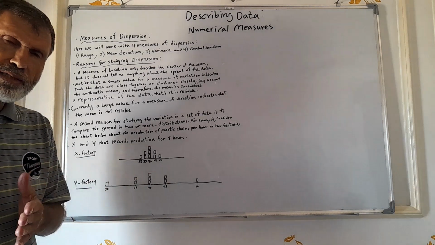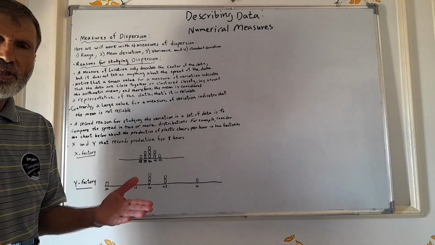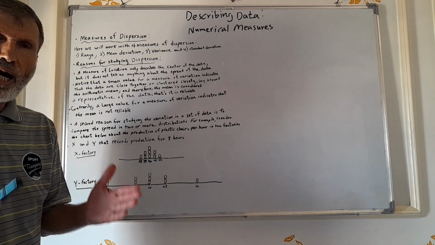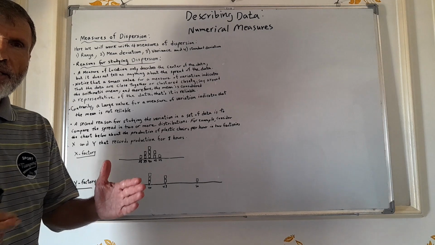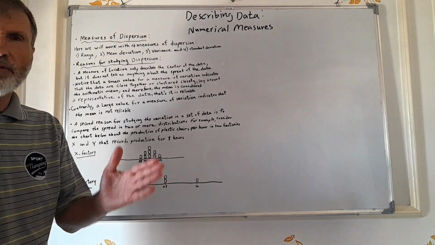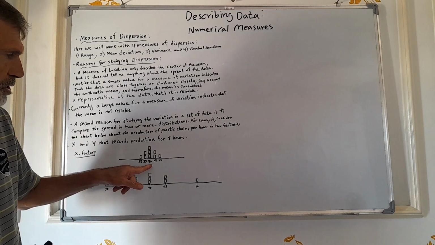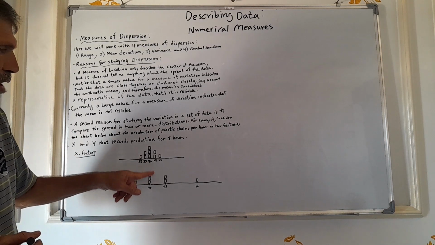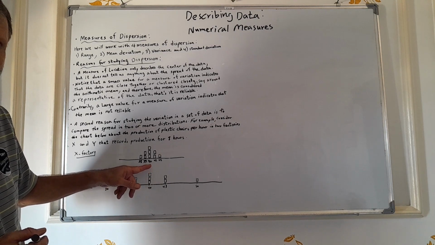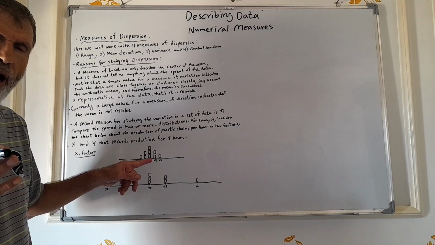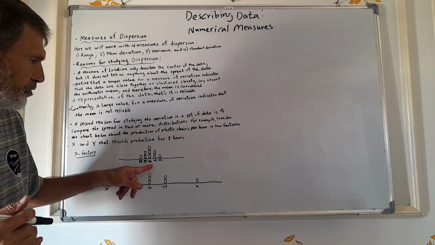We have factory X and factory Y. It looks like the average hourly production of plastic chairs in the two factories is the same, 40 chairs per hour. Here we're talking about production of plastic chairs.